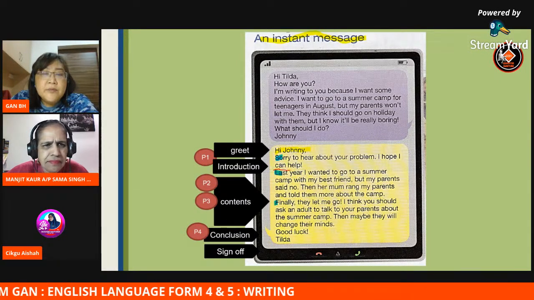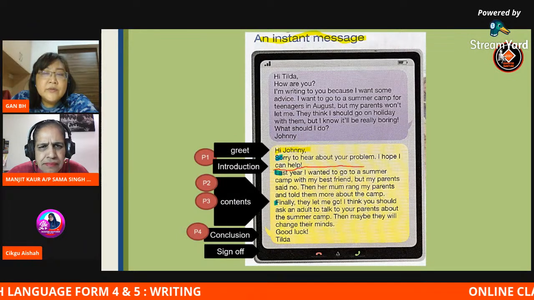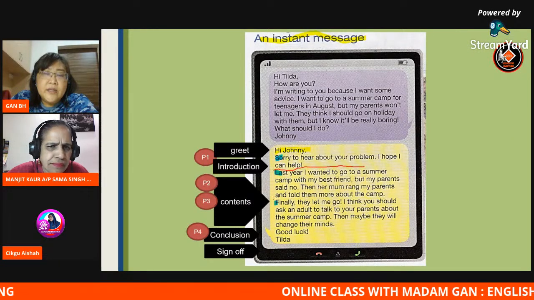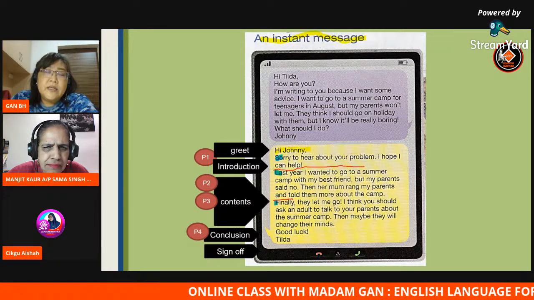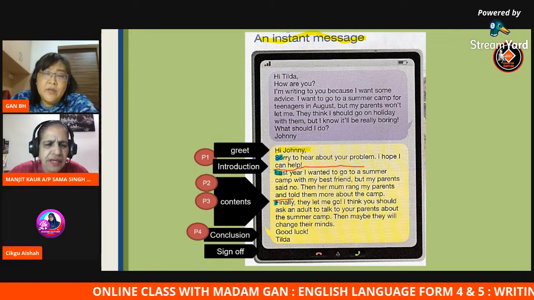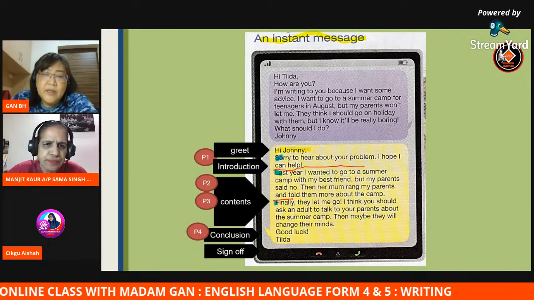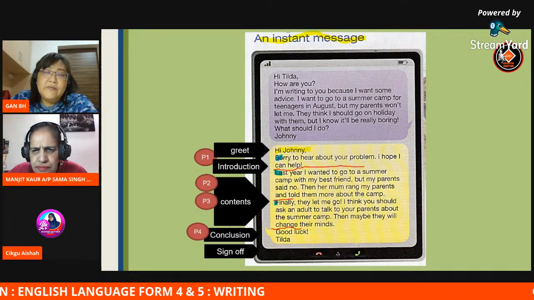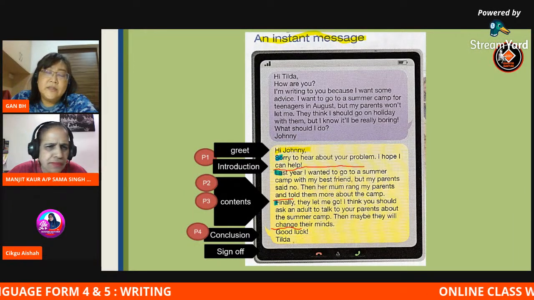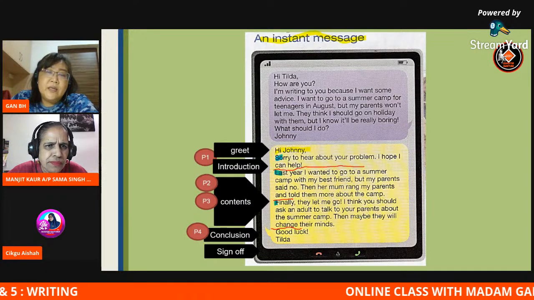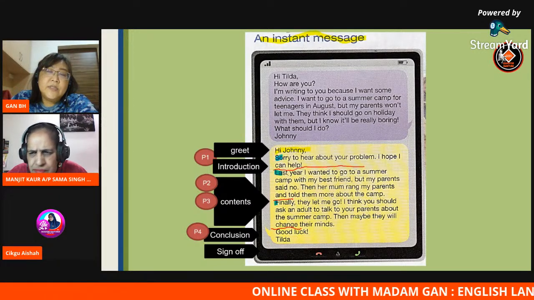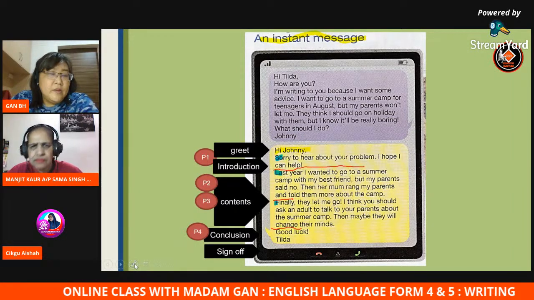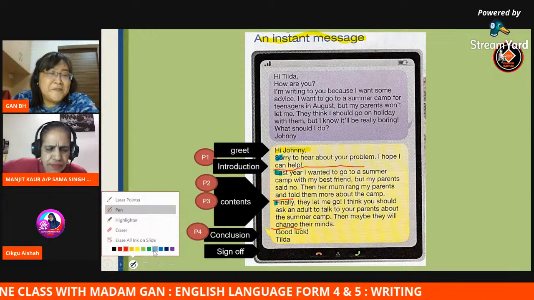You need to have a separation here. Leave a line to show that this is paragraph 1, the introduction. Then leave a line again to show this is another paragraph. Once you finish this, for example, then maybe they will change their mind. So leave another line here. Then you have a spacing, then write good luck. So you can see there are 3 empty lines here. Any questions?